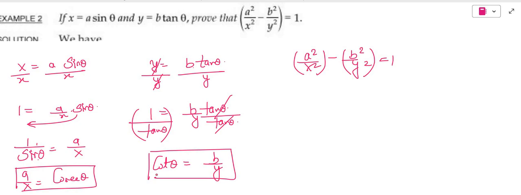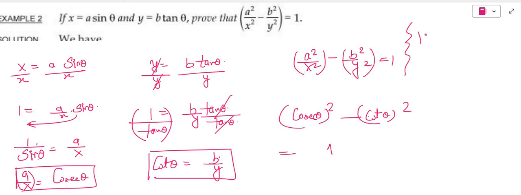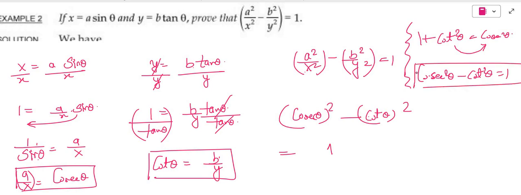Think. देखिए a by x है, तो can I write cosec square theta minus cot square theta, and we know this is what? एक फॉर्मूला है 1 plus cot square theta is cosec square theta. So the formula itself says cosec square theta minus cot square theta is 1. This is a formula. Please memorize this formula. So this is 1 itself. So hence proved. ठीक है, easy था.